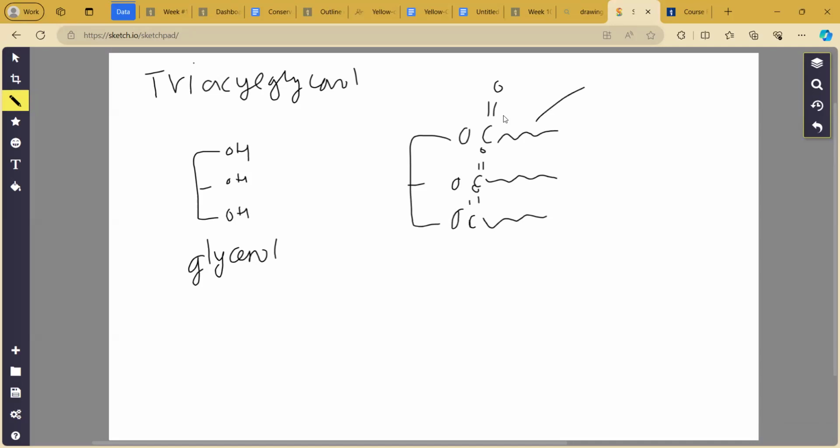So remember, fatty acid, oh my gosh, that's horrendous. That's a carbon right there. But a fatty acid is a carboxylic acid with a long tail. And so it's 3 fatty acids attached to that glycerol backbone, making it a triacylglycerol.